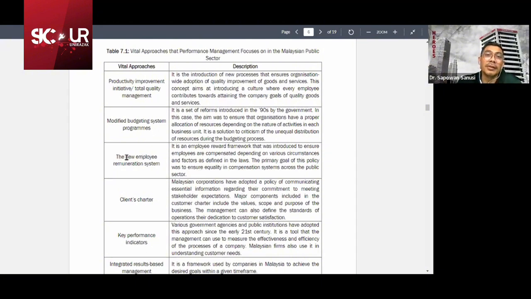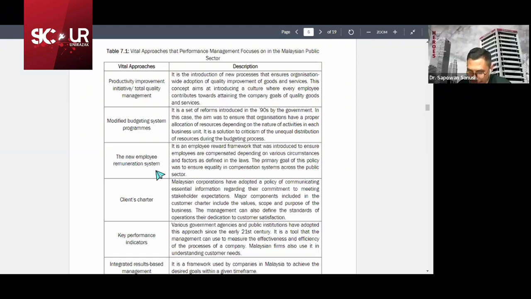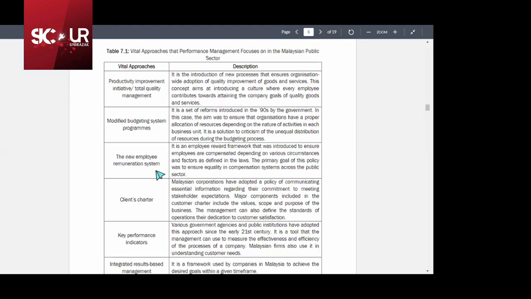Okay, one of the approaches in performance management is the new employee remuneration system. I think the government has done it, is it right? Betul. Government they done kan, they siapkan sistem baru, apa nama dia, I forgot. Kejap saya check. Not Padu. Hermes?